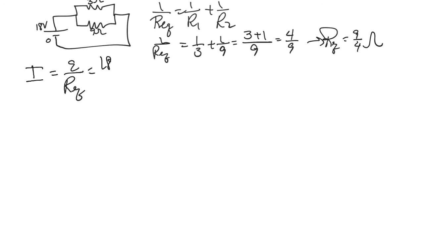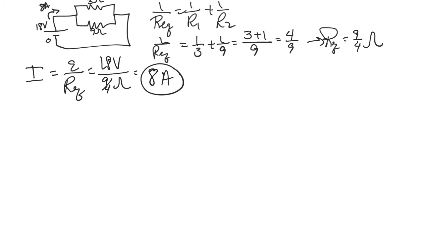Okay, 18 volts, and then here's 9/4 of an ohm. So as I was just saying, 18 divided by 9 is 2, and 2 times 4 is 8. So that is 8 amps is what comes out of here.